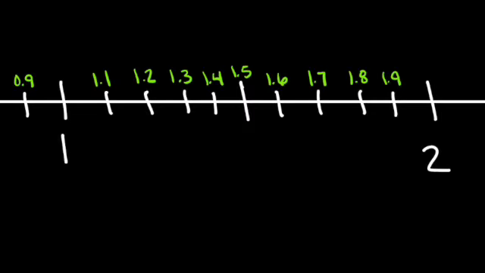Okay, between 1 and 2, on our number line, we have 1 and 1 tenth, 1 and 2 tenths, 1 and 3 tenths, 1 and 4 tenths, 1 and 5 tenths, 1 and 6 tenths, 1 and 7 tenths, 1 and 8 tenths, 1 and 9 tenths, and then 1 and 10 tenths, or 2 wholes.